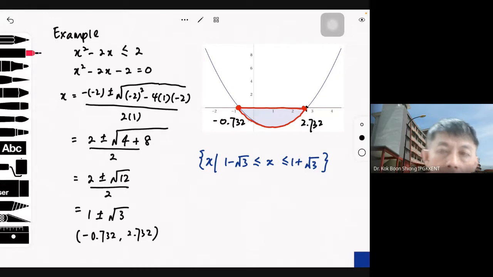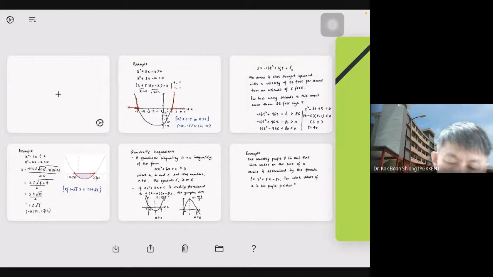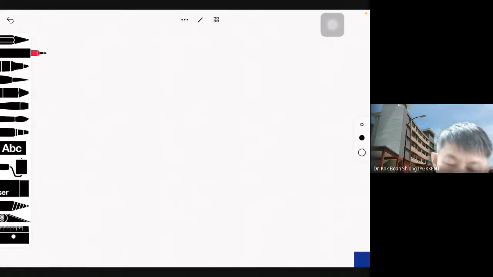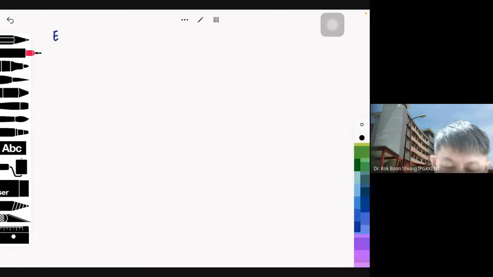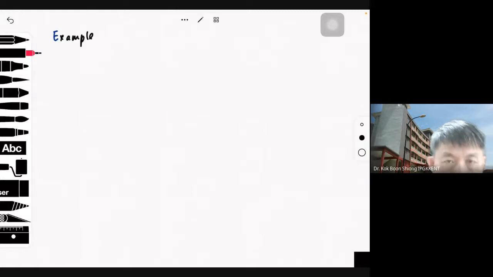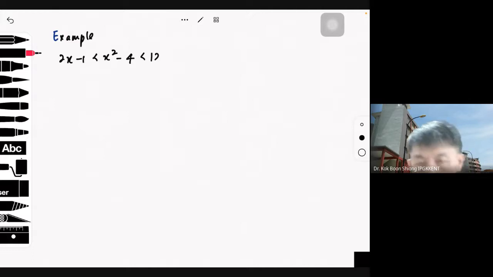Okay, now we have a third example: 2x minus 1 smaller than x squared minus 4, smaller than 12. So how to do this type of question?